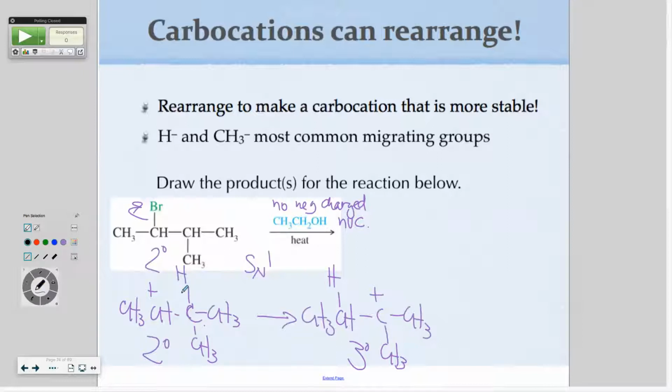You go from this bond over to the carbon that's positive. It takes those electrons with it so that the carbon that's left behind becomes positive. Okay, now what was your nucleophile? Just because it's not negatively charged doesn't mean it's not a nucleophile. It's just not a super strong one. So what are we going to do? Yeah, your ethanol. Okay, so what is going to be the major product?